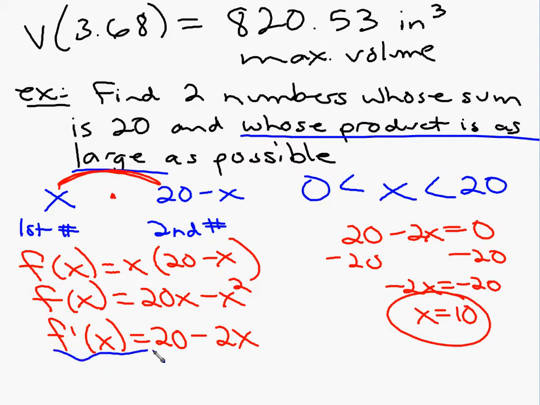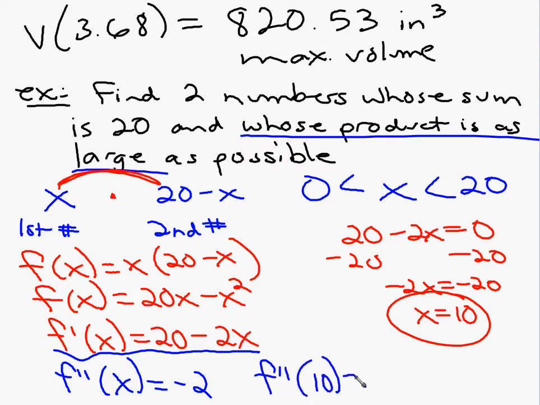The second derivative is going to be negative 2, so it's always negative. So any number that I plug in, f double prime of 10, is also going to be negative because it's a constant function, so that is a maximum. Okay?